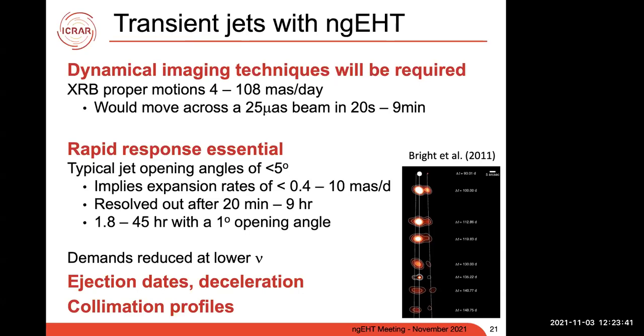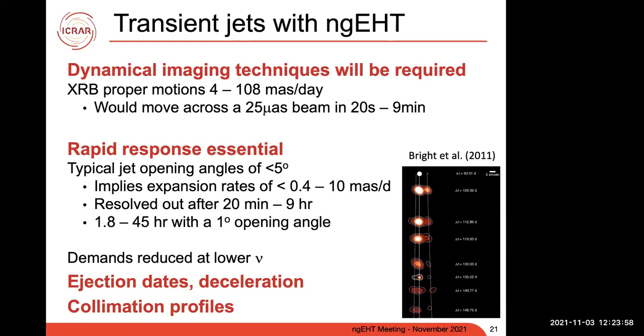Another point that I wanted to raise is that rapid response is going to be essential. Jet opening angles are not very well measured, but the constraints are all less than about 5 degrees. There's one recent case where it has been well measured at about 4.5 degrees.